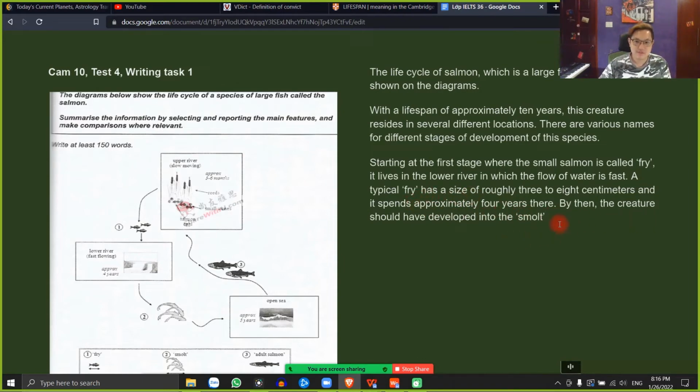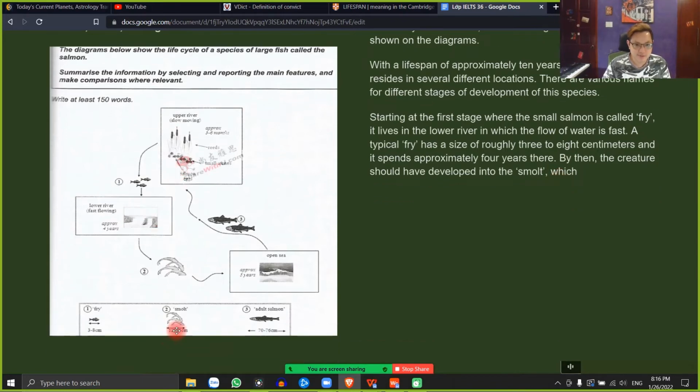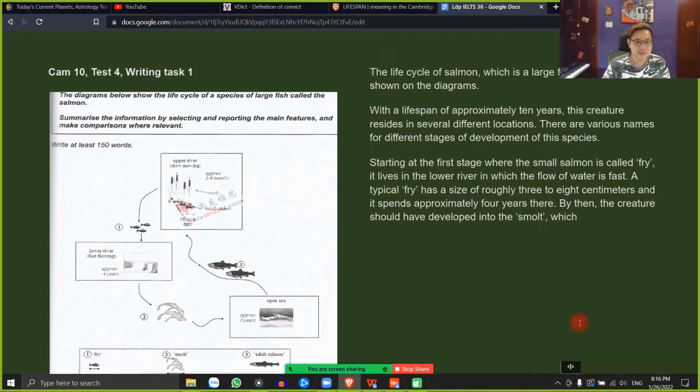Should have developed into a smolt. And then I mentioned the size of the smolt is about 12 to 15 centimeter. Mà bây giờ mình nêu ra cái size của con smolt chẳng hạn.